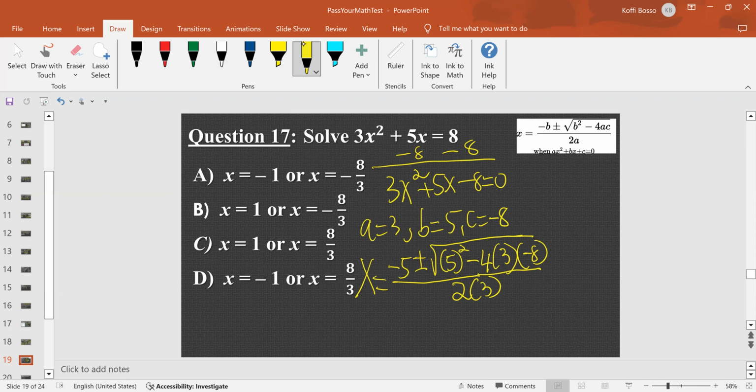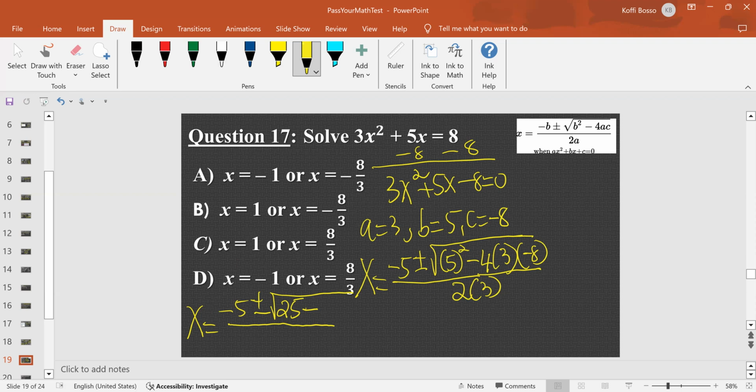So if you do the calculation, x is equal to negative 5 plus or minus the square root of 25, because 5 squared is 25, minus 4 multiplied by 3 multiplied by negative 8.